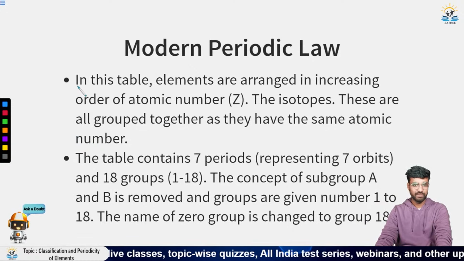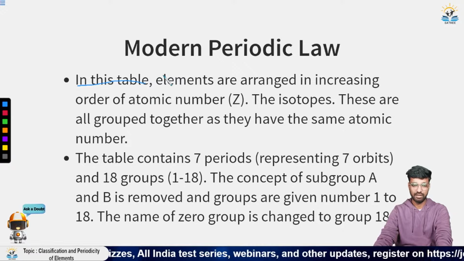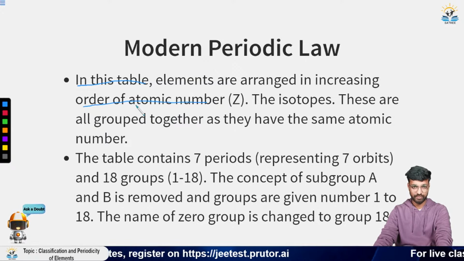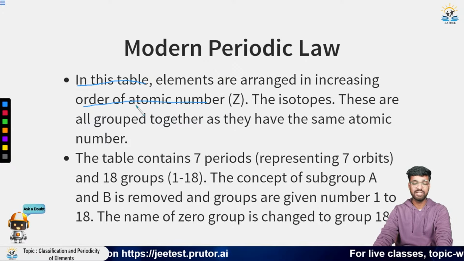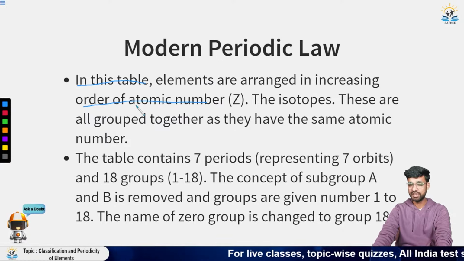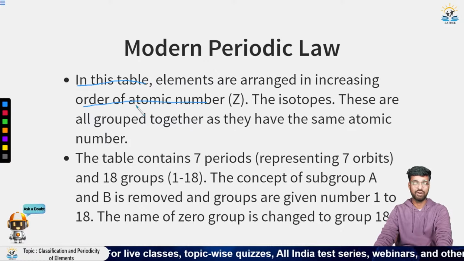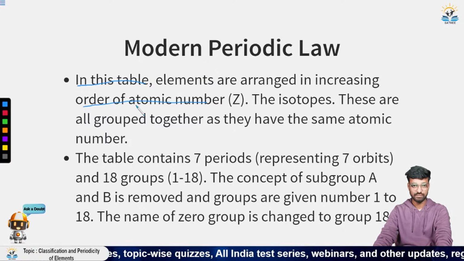In this table, which we will see as an image in a later slide, elements are arranged in increasing order of atomic number, which means the element having the least number of protons is placed on top, and then accordingly we change the position of the elements according to atomic number.